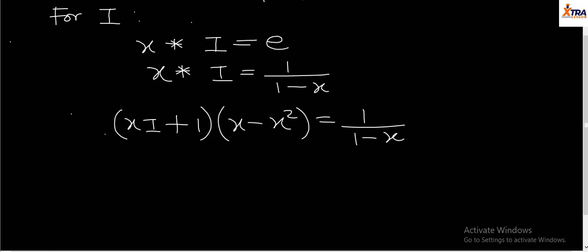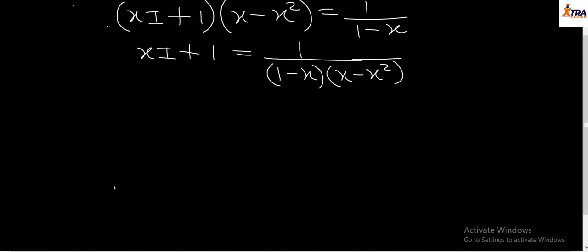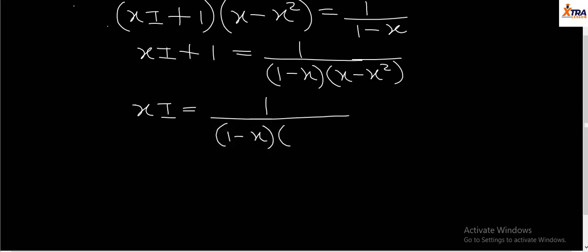So in this case, I'll simply divide both sides by x minus x squared in order to get my I. So I'll have xI plus 1 equals 1 over (1 minus x) times (x minus x squared). From here, I can say my xI is basically 1 over (1 minus x) times (x minus x squared), minus 1.